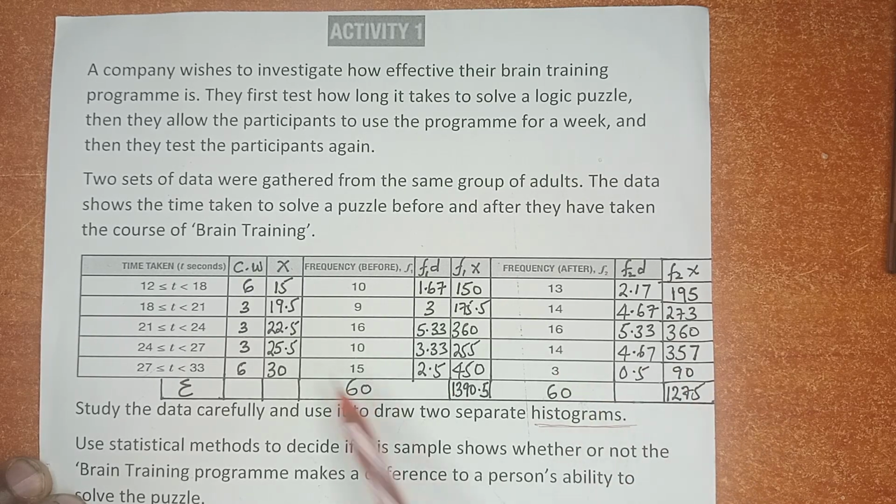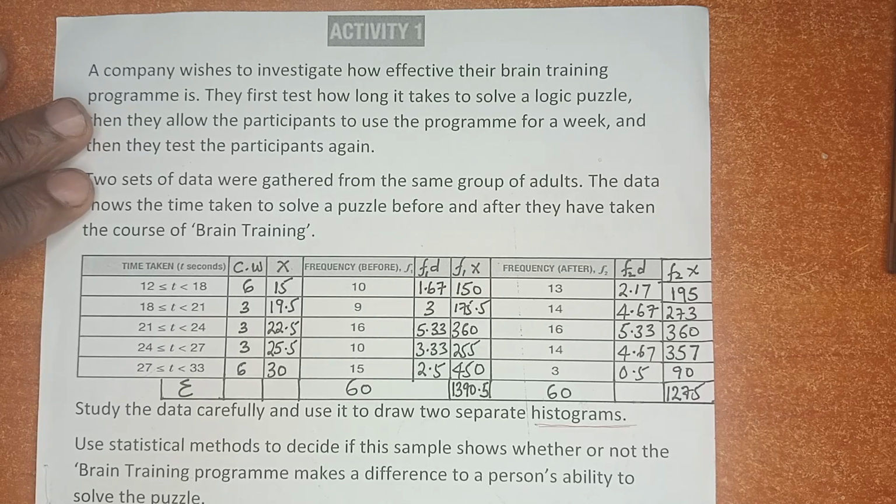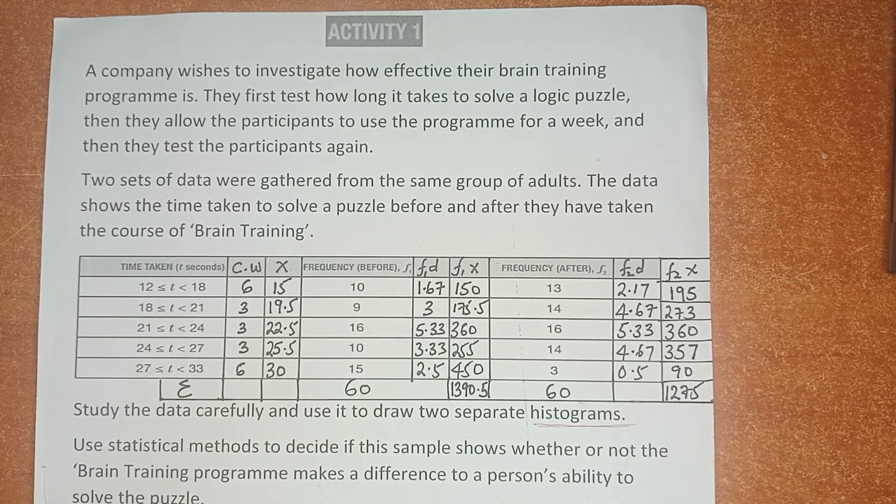And 3 times 30 is 90. The sum of f2x is 1275. That is how I came up with those values of data.